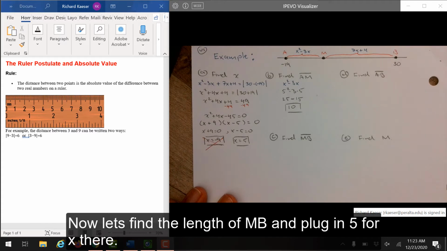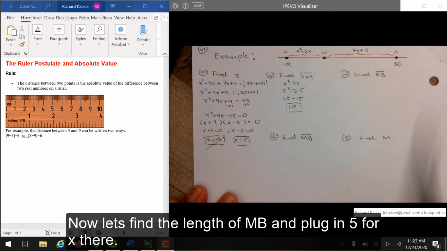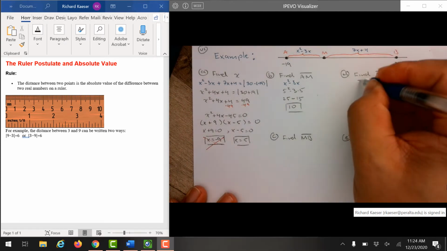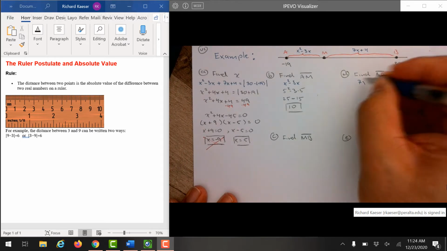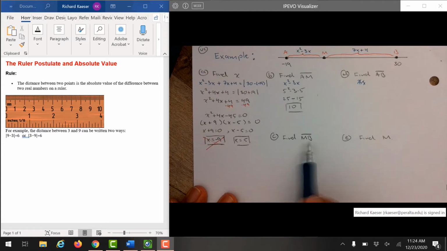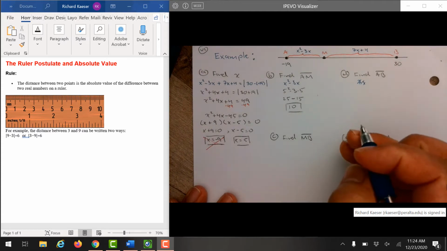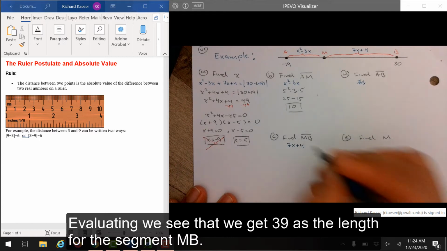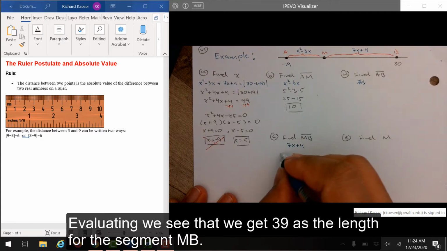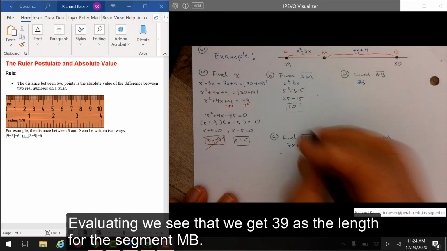Now let's find the length of MB and plug in 5 for x there. Evaluating, we see that we get 39 as the length for the segment MB.